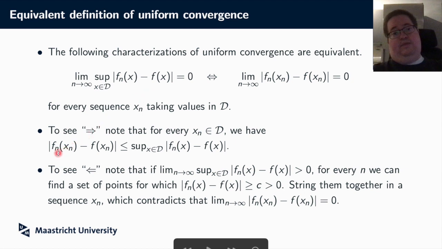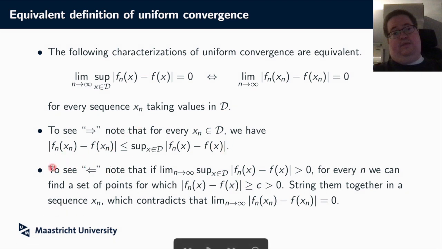Well, in that case, we also know that the difference at the point x_n of f_n(x) and f(x) is going to be smaller or equal than the largest difference for any x, right, the supremum. So if this supremum converges to 0, then for sure this pointwise thing with the sequences also converges to 0. And it must do so for any sequence, because this inequality is true for any sequence.